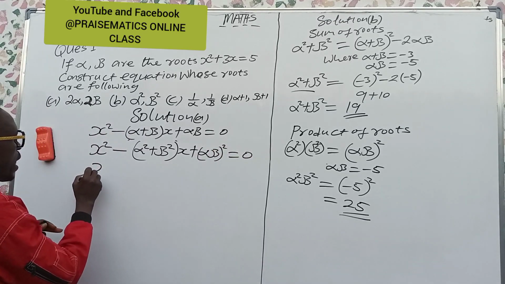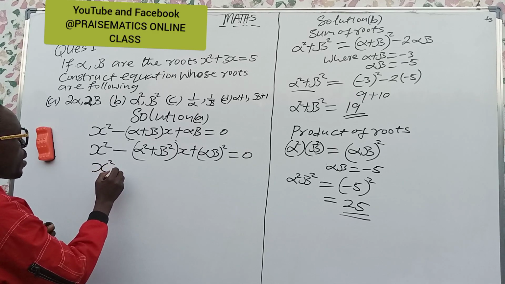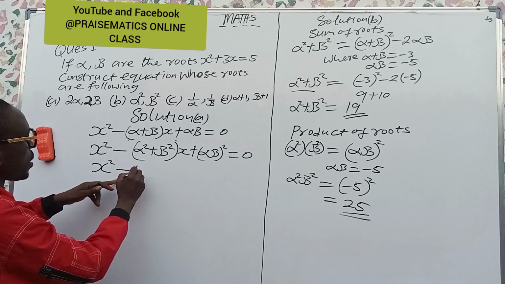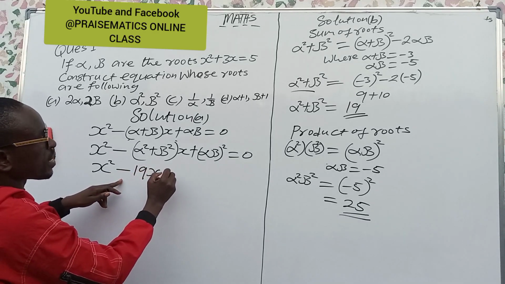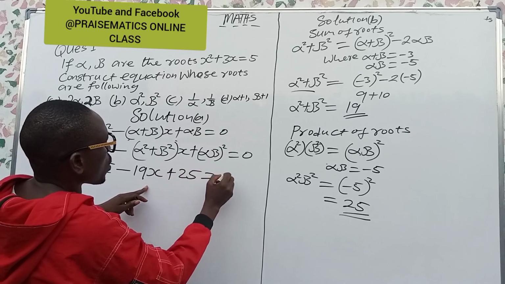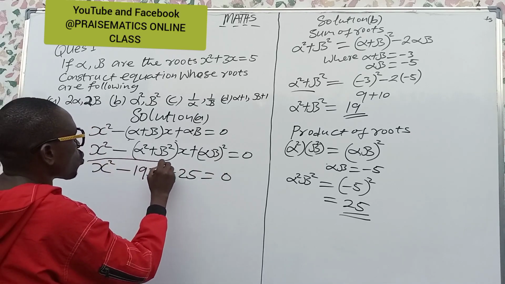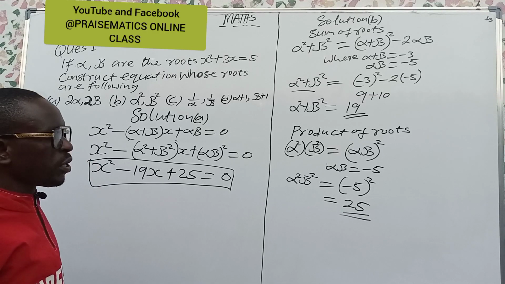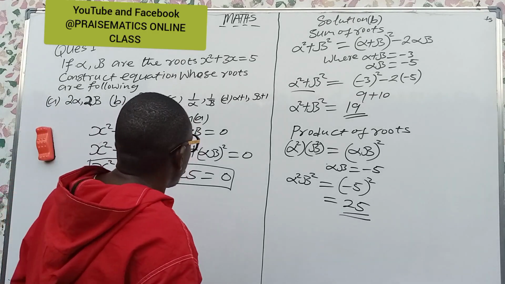And what is it? x squared minus 19x plus 25 equal to 0. This is the new quadratic equation formed with a given root. And that is how to solve them.